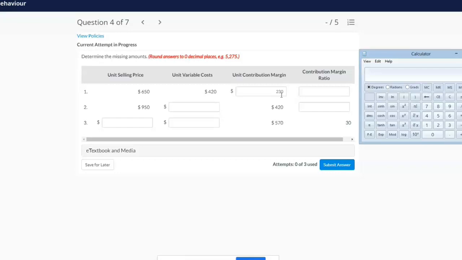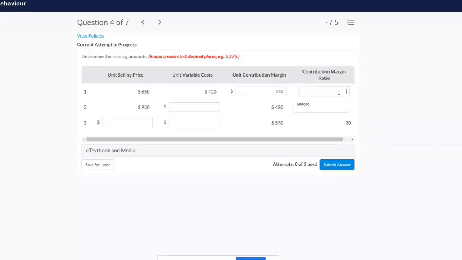Divide by the unit selling price, 650. That gives you 35.3%. They say round, so 35%.